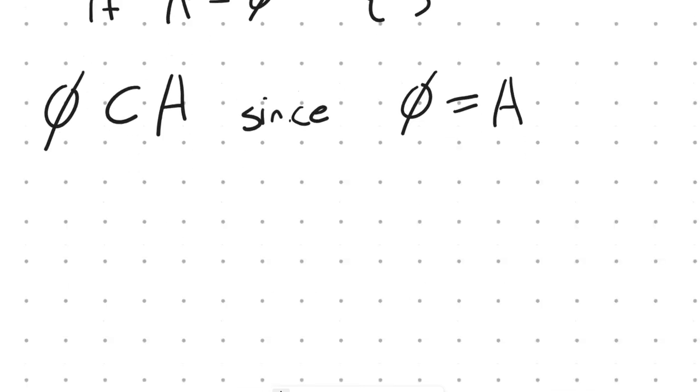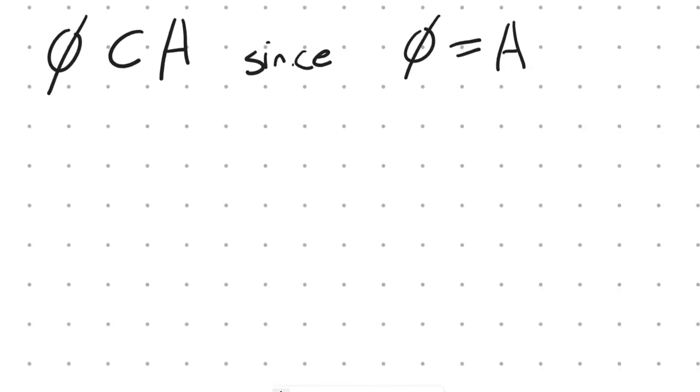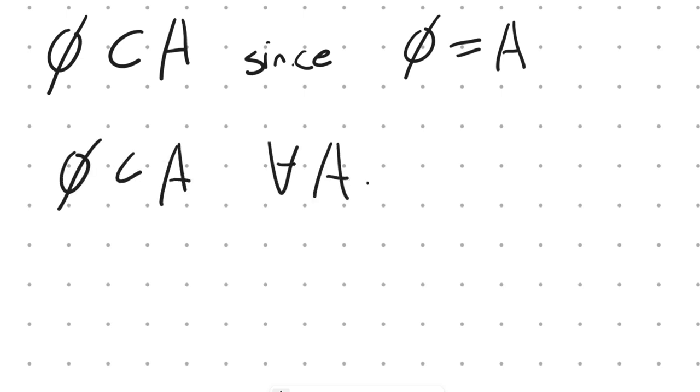So we have just proven for the smallest set A that the empty set is still a subset of A. So for every A, the empty set is a subset of A for all A. I hope you understand this. If you have any questions, just write them in the comments. Good. Now let's try the second one.